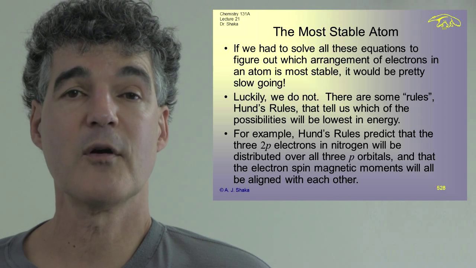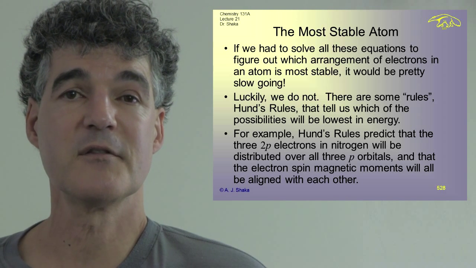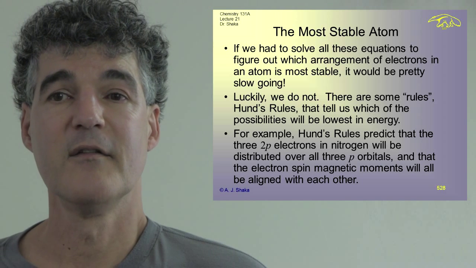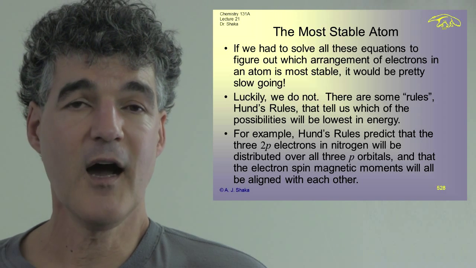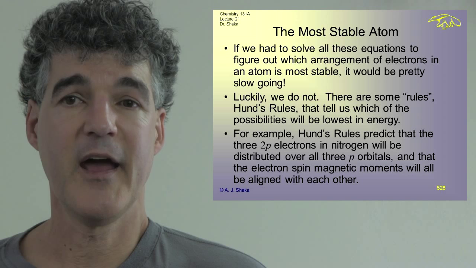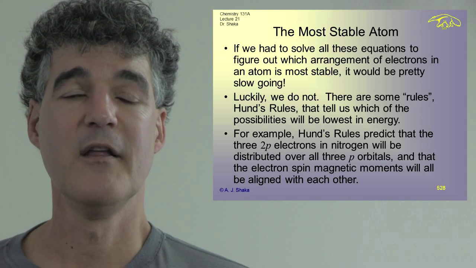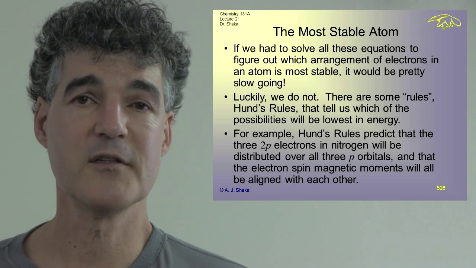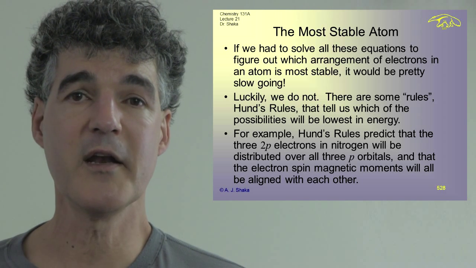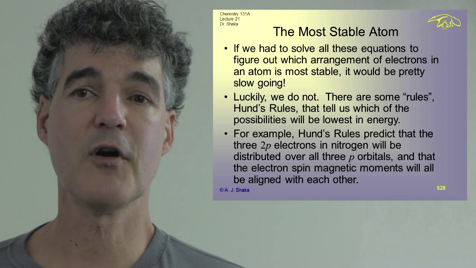If we're going to talk in orbitals, we want to know the configuration of the atom. For example, Hund's rules predict that if we have a nitrogen atom in a vacuum by itself, the 2p electrons are going to be distributed, one for each of the 2p orbitals.